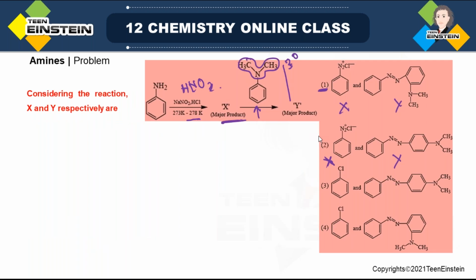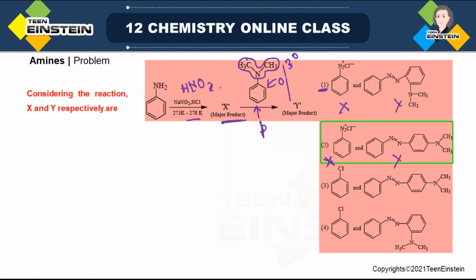In the previous question OH is donating, but in this question the NMe2 group is donating. So ultimately the thing is the same. If it is donating, the ortho position is electron rich, and the para position is also electron rich. So this is the para position, this is the ortho position.